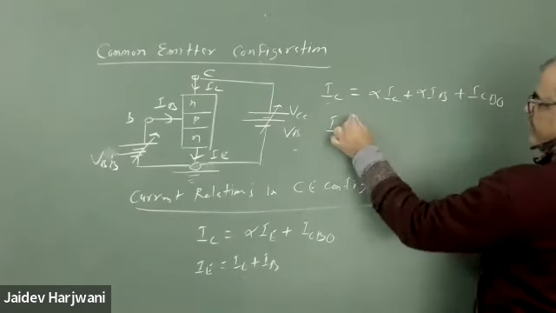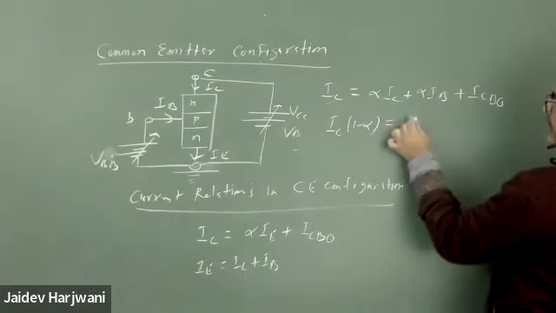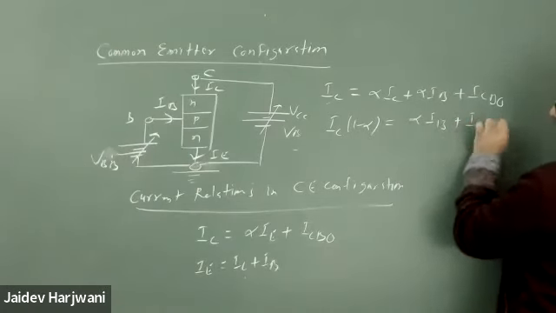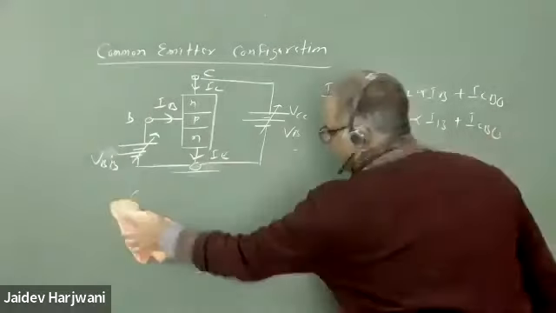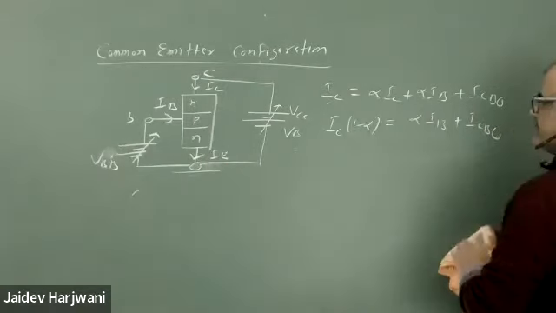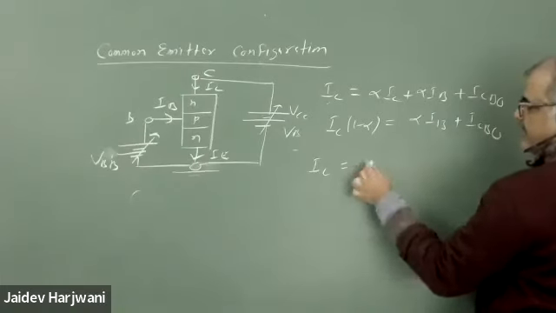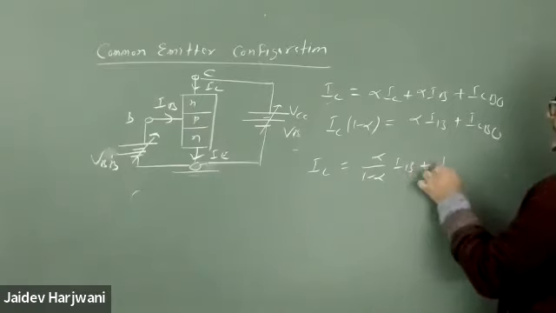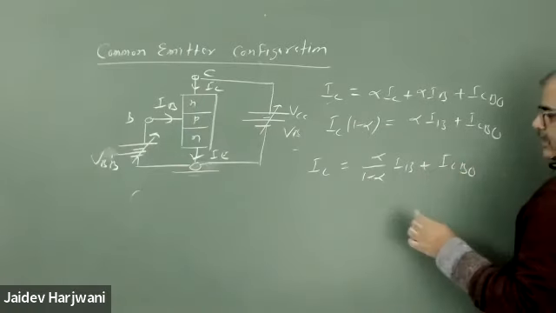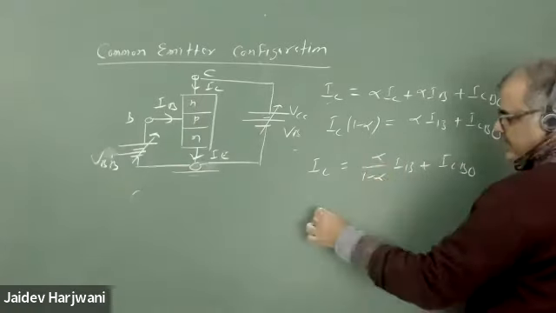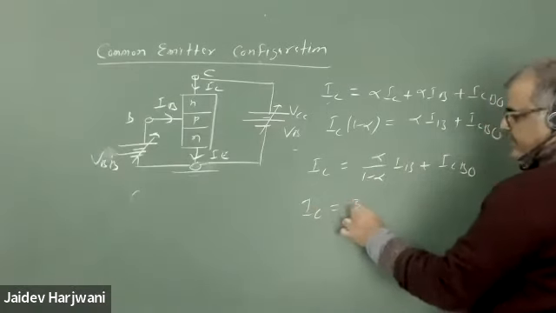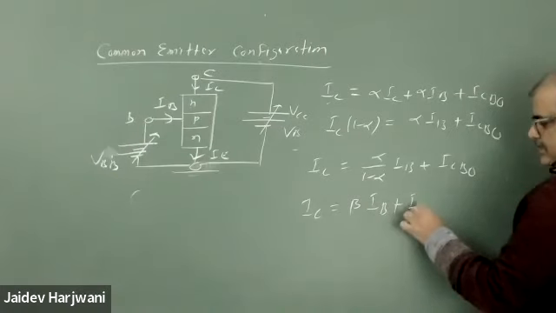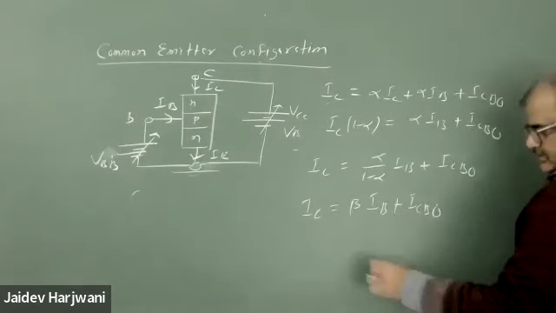If I send this one over, 1 minus alpha, alpha IB plus ICBO. So this I already derived. So IC is alpha upon 1 minus alpha times IB, and ICBO. So this alpha upon 1 minus alpha is called beta. IC equals beta IB plus ICBO.